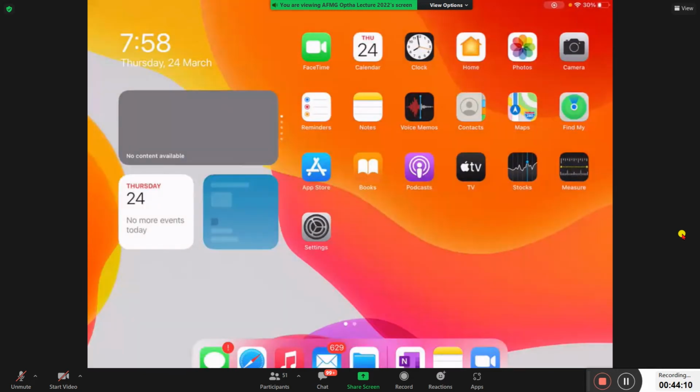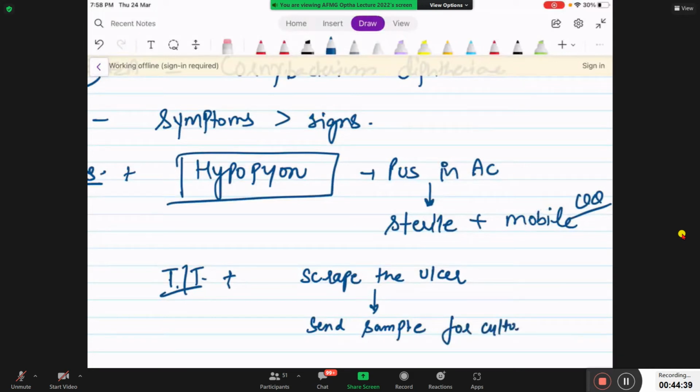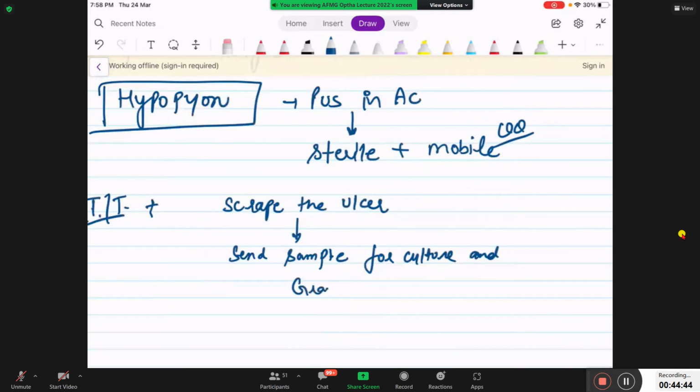Right, on treatment. In each and every patient of the ulcer who comes to your OPD, you have to do scraping of the ulcer. So you scrape the ulcer with the number 15 blade usually, and we send the sample of that ulcer for culture and gram staining.